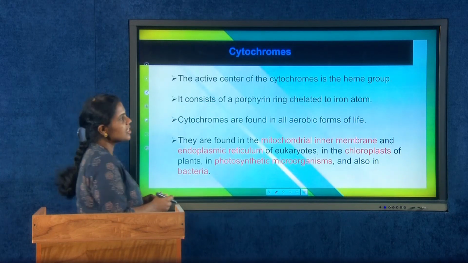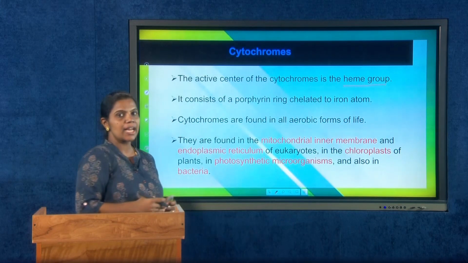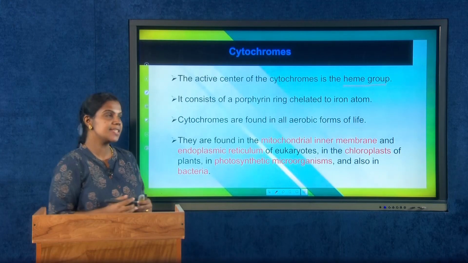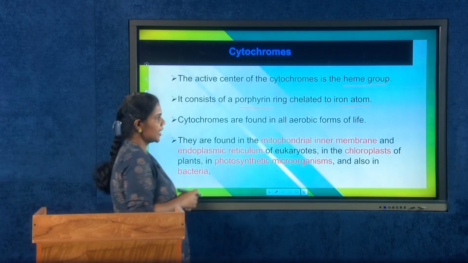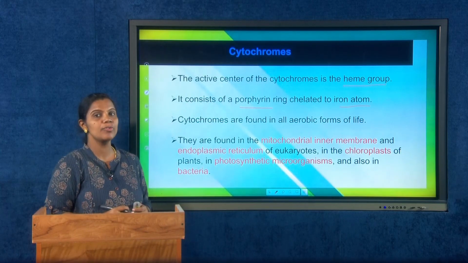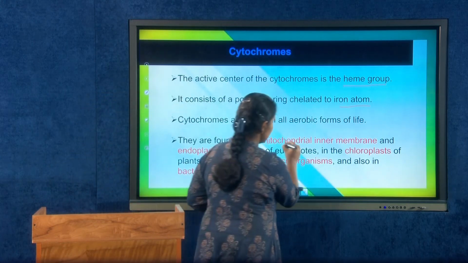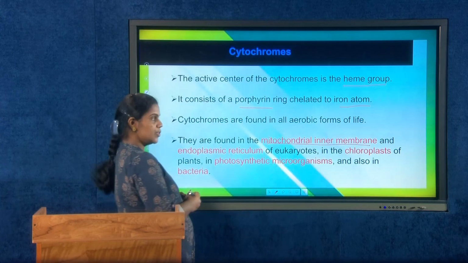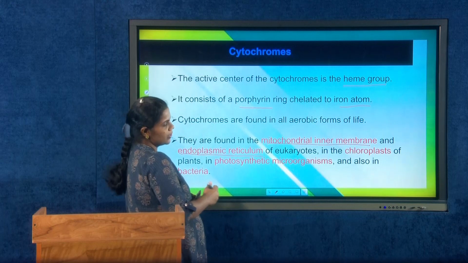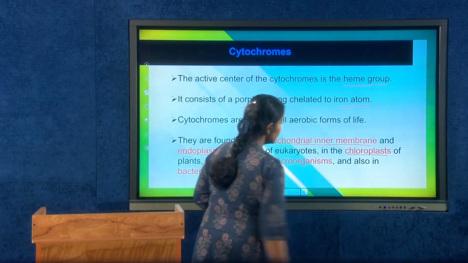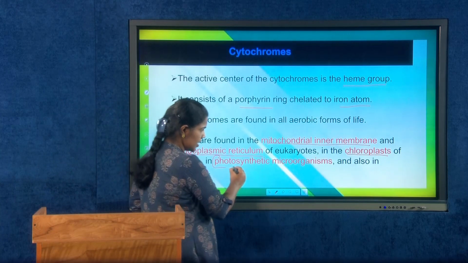Cytochromes contain the active center as the heme group. We know that heme is a porphyrin ring system chelated to the iron atom. Cytochromes are found in all aerobic forms of life. They are found in the mitochondrial inner membrane, also found in the endoplasmic reticulum of eukaryotes, and most importantly, they are found in the chloroplasts of plants and in photosynthetic microorganisms.